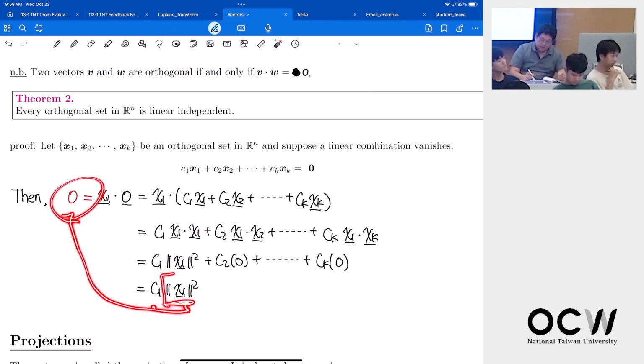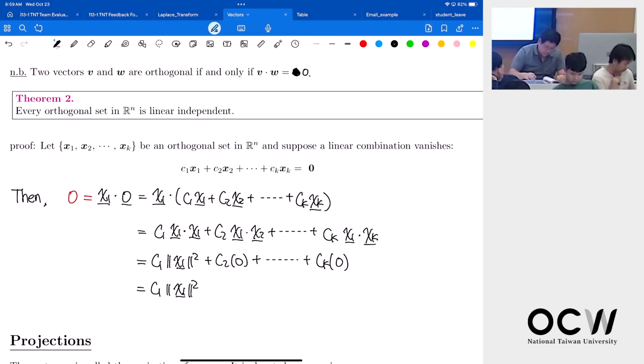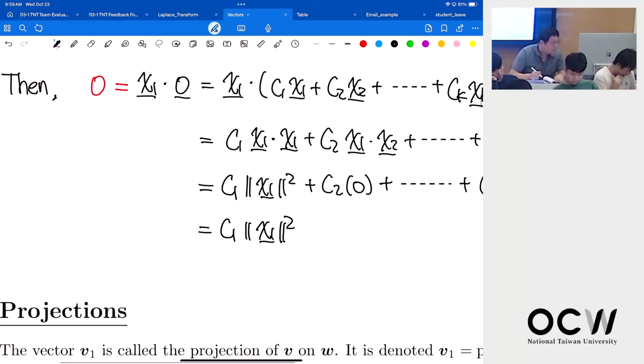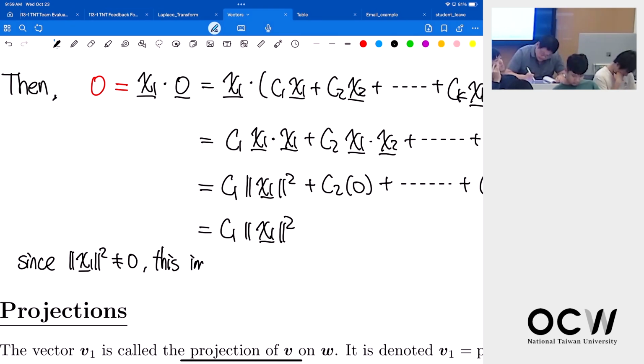But we know that the norm squared cannot be 0. So since the norm of x1 squared is not 0, this implies c1 should be 0.